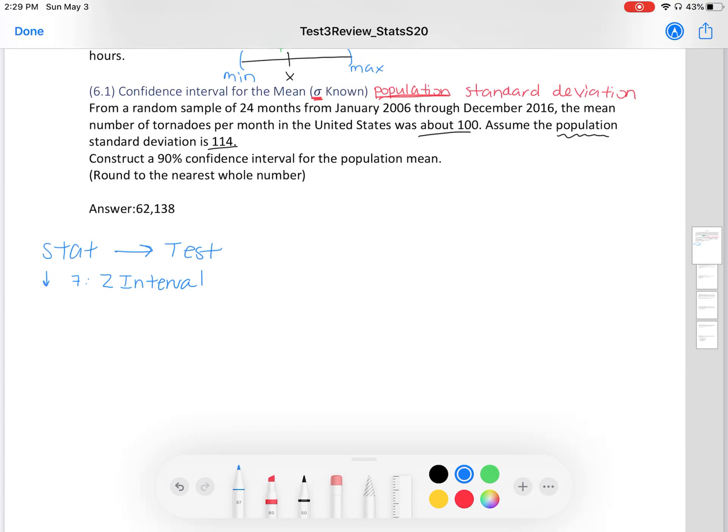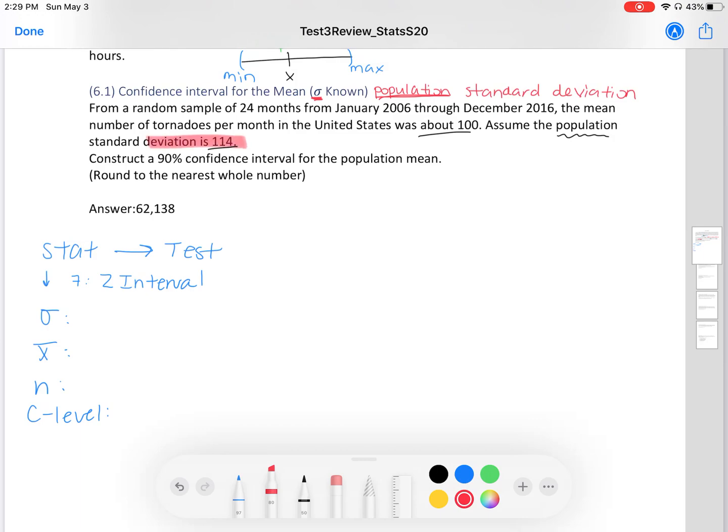From here, we're going to need these pieces of information: our population standard deviation, our mean, our x bar, our sample size n, and our level of confidence. All right, so for this problem, we have a population standard deviation of 114.